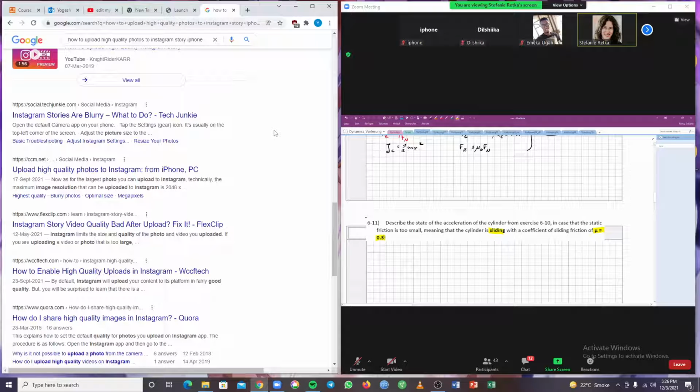Okay, now different situation, the cylinder slides, and again, we have to find the accelerations. Describe the state of acceleration, meaning acceleration of the center of gravity and angular acceleration.